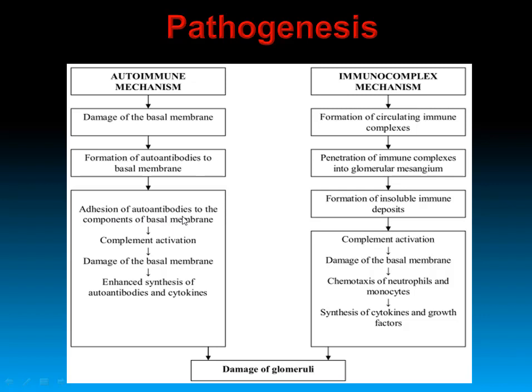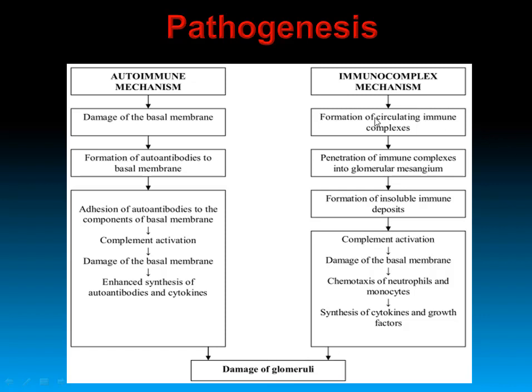Adhesion of autoantibodies is seen to the components of the basal membrane. Due to adhesion of antibodies, the complement system will be activated, which leads to severe damage of the basal membrane and an increased amount of antigens of basal membrane in the blood. That's why there is additional activation of synthesis of autoantibodies and other cytokines and inflammation, and as a result, damage of the glomerulus.